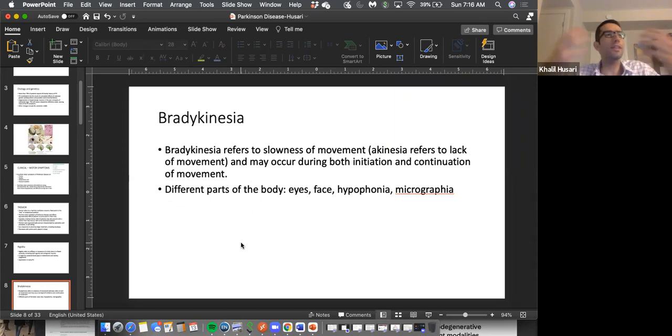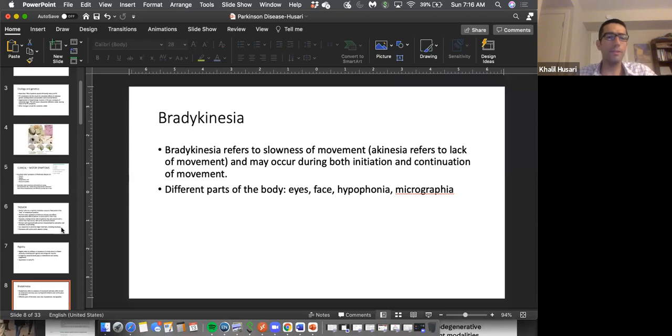Bradykinesia is just decrease and slowness of the movements, right? Akinesia is lack of movement, and it can occur either during initiation or continuation of movements, and it affects everything. It affects the body, the eyes, so in terms of pursuit, blinking, the face, so masked face, hypophonia, micrographia, so it's all over.